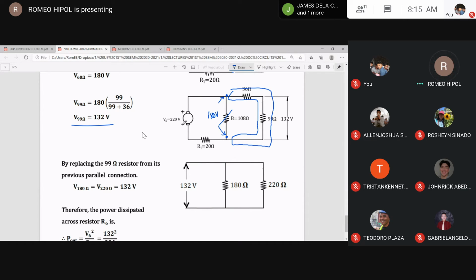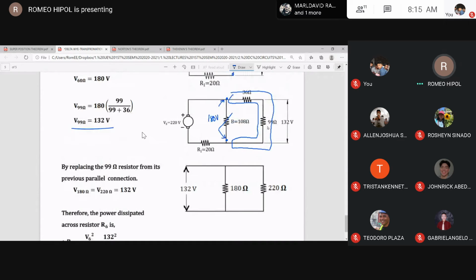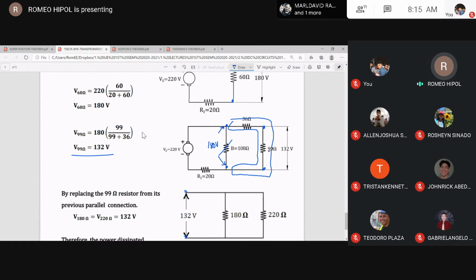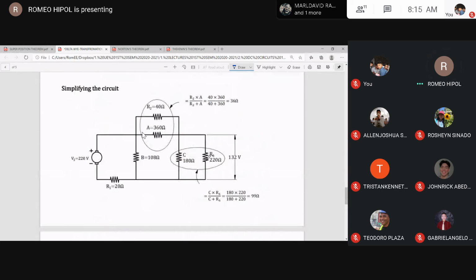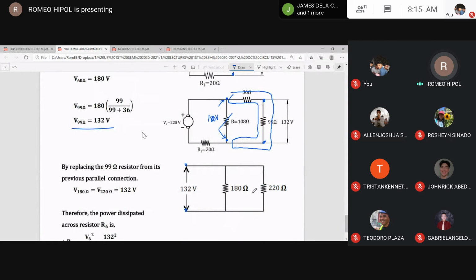Okay, next step. At this terminal, we have 132 volts, di ba? Ito yun. So, by isolating 99 ohm from its original connection, andito yung R6 and 180 ohm.